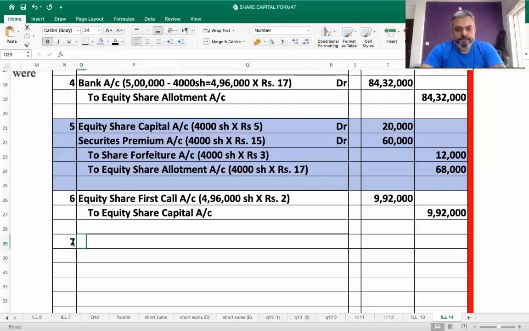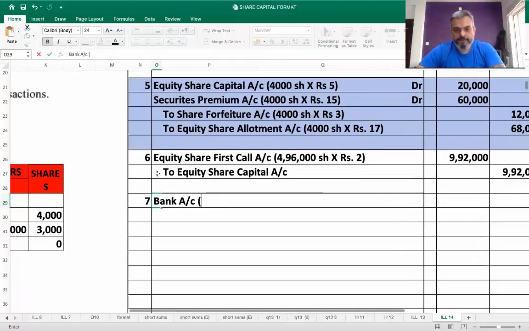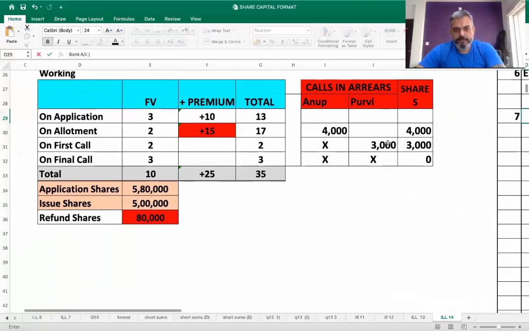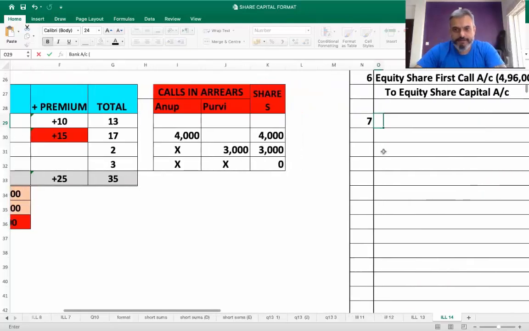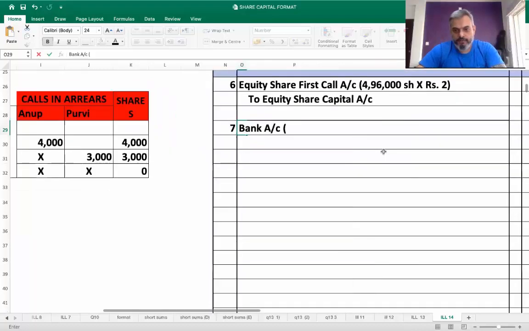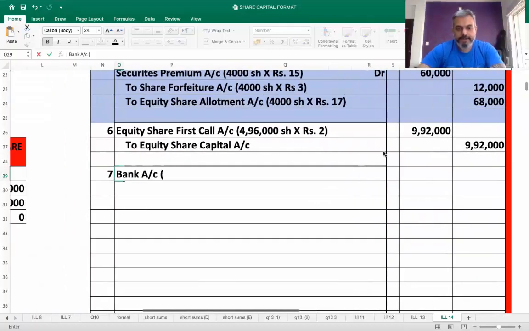7. Bank account. Now, when we called the first call, this person, Purvi, did not pay the first call on 3,000 shares. So, bank account debit.